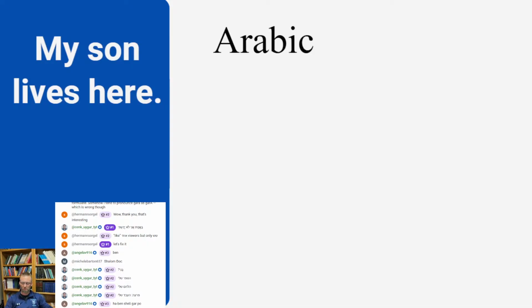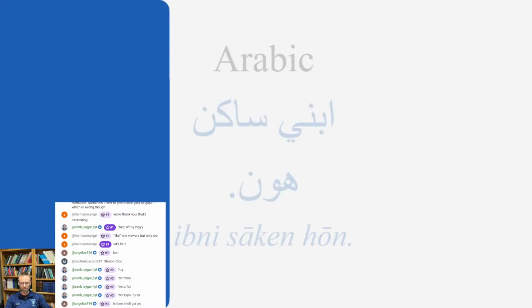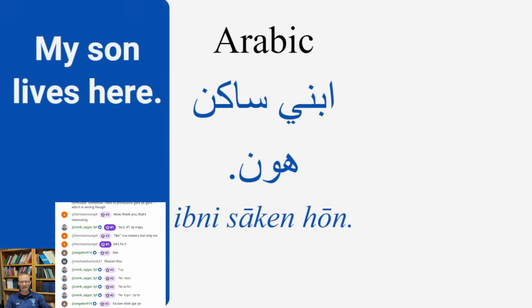Doesn't matter if a woman is speaking or a man is speaking, because son is technically the subject, the verb has to be masculine. And the answer is Ibni Sakinhon. Ibni, my son, literally son of me. Sakin, lives, and then hon, here. Ibni Sakinhon.